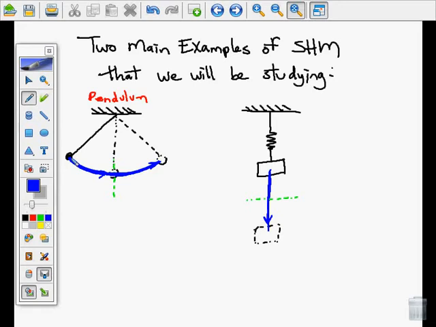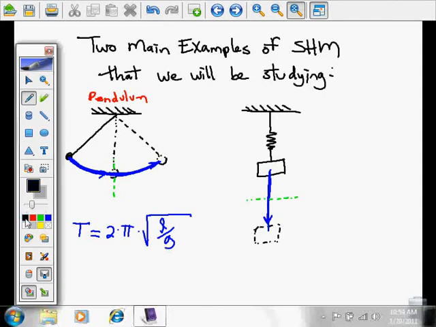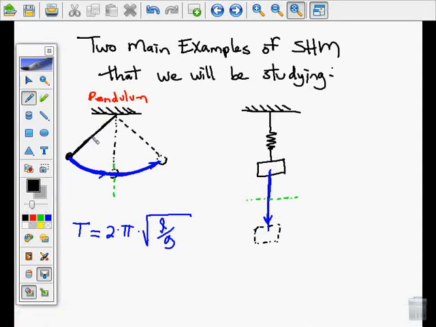Through experimentation, the period of the pendulum has been found to obey this simple rule: 2 times pi, which you can approximate as 3.14, times the square root of the length of the pendulum divided by the acceleration due to gravity. The length of the pendulum is L right there. And here on the surface of the Earth, the acceleration due to gravity is 9.81 meters per second squared.